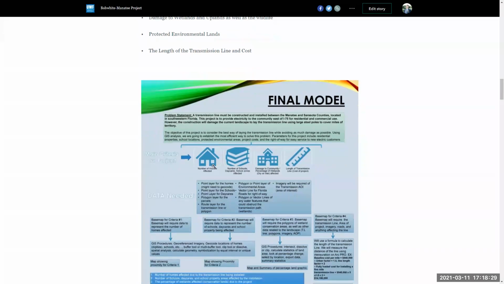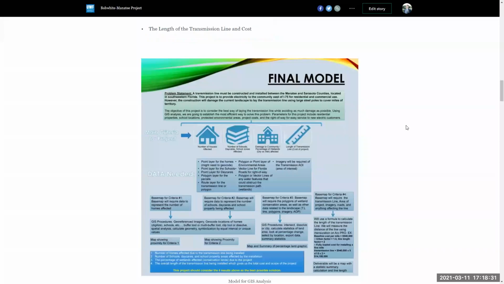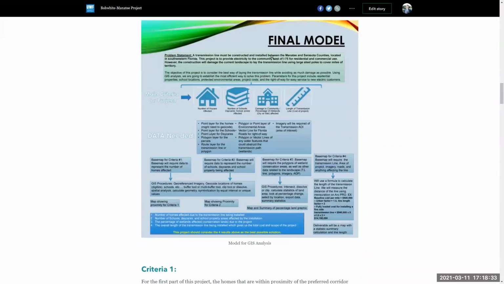So depicted here is a final model that I put together. It defines what I stated earlier, our problem statement. We need a transmission line that needs to be installed east of I-75, encompassing an area of these two counties to provide electricity.